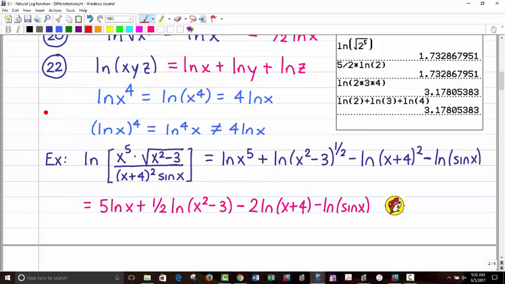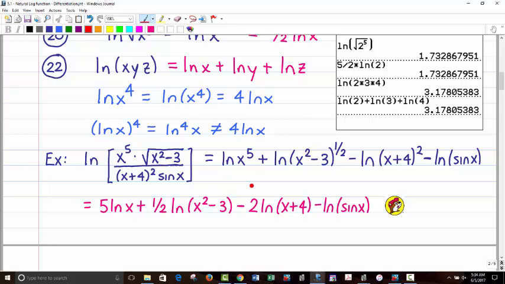Now let's take a look at this one. I'm going to teach you a little shortcut here, so you don't have to write out ln of the top part minus the bottom part and then split those up as plus and plus. But you have to keep in mind that even though these are plus and plus on the bottom, they would follow a minus sign. So it would distribute, like the negative of parentheses a plus b is negative a minus b.